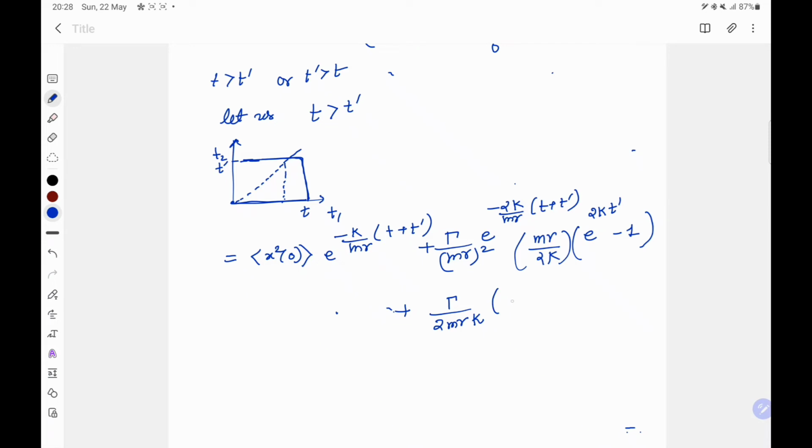And e to the power, so this will be plus, so minus 2k over m gamma (t minus t prime).